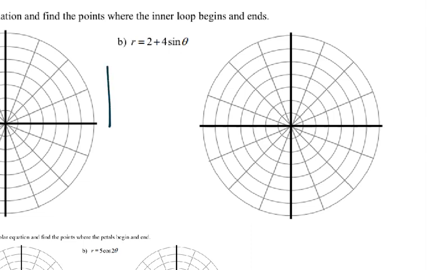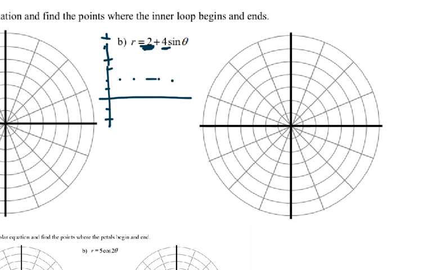Alright, so our sinusoidal axis is up 2, and our amplitude is 4. So we go 4 above and 4 below.